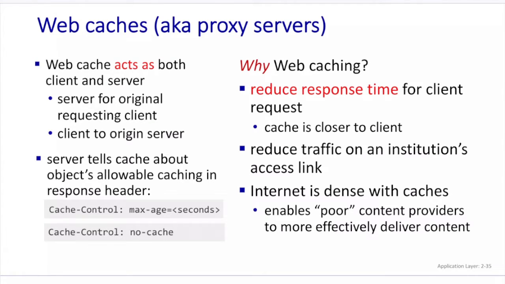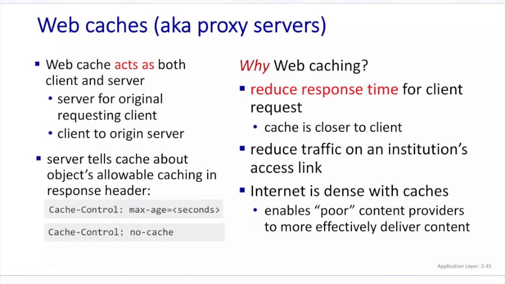Second, it reduces traffic on an institution's access link, because part of the requests will stay in the local area network, the LAN. No need to access the access link, right? So it reduces the traffic.